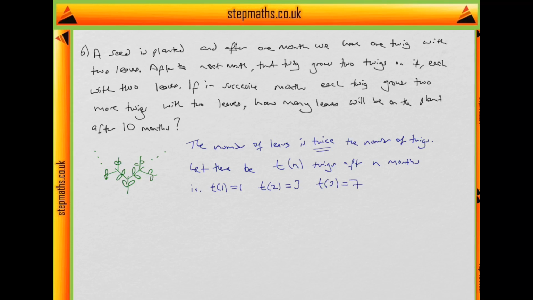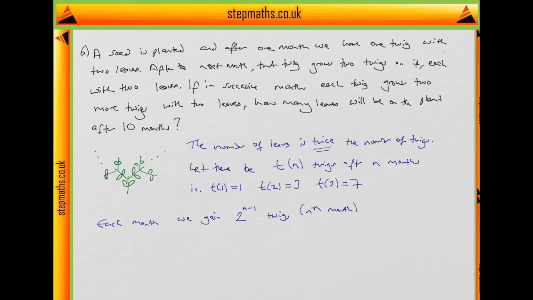So in fact, we notice that for each n, T of n is going to be equal to the previous term plus 2 to the n minus 1. In other words, each month we gain 2 to the n minus 1 twigs for the nth month.